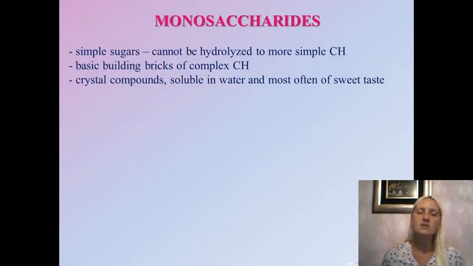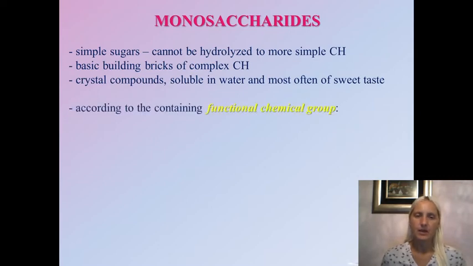Monosaccharides are simple sugars, so they cannot be hydrolyzed to more simple carbs. They are the building bricks of complex carbohydrates. They are crystalline compounds, soluble in water, and most often of a sweet taste. They can be classified in two ways.